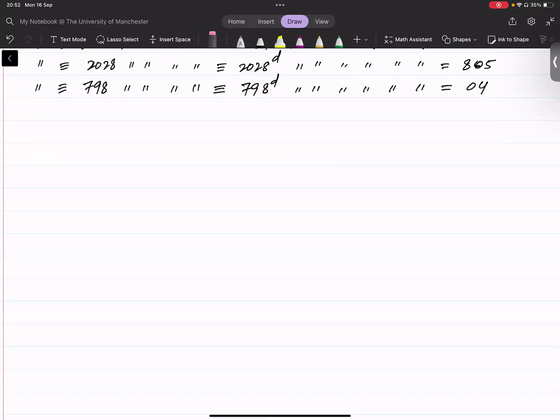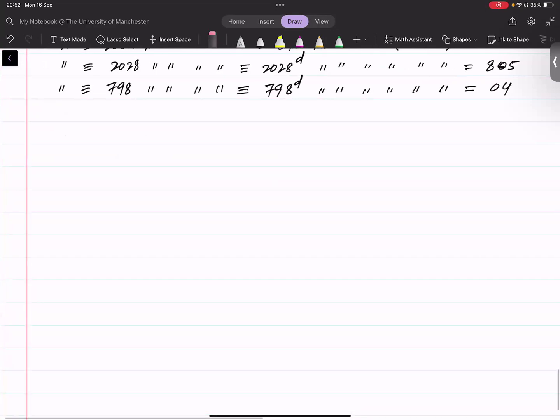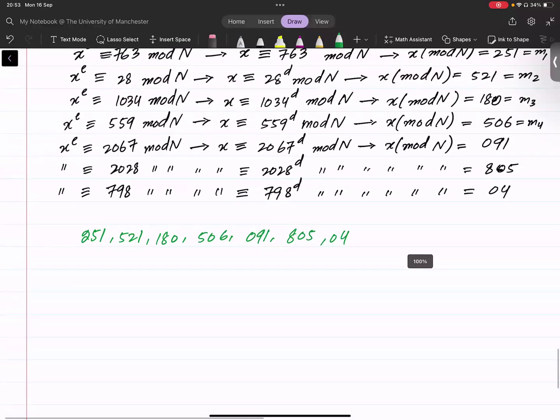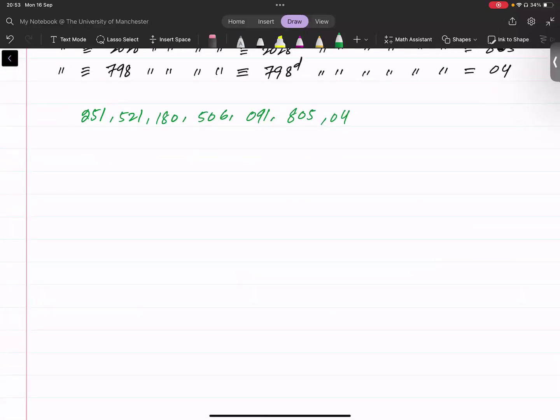So this gives the decoded message, the following string of numbers: 251, 521, 180, 506, 091, 805, 04.